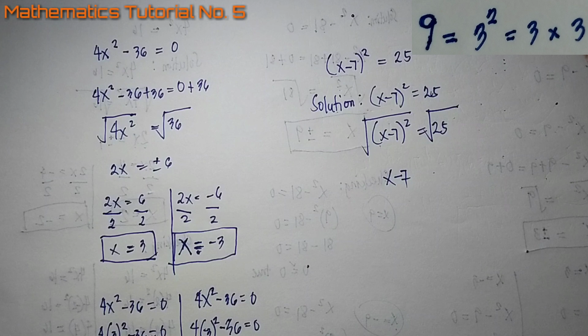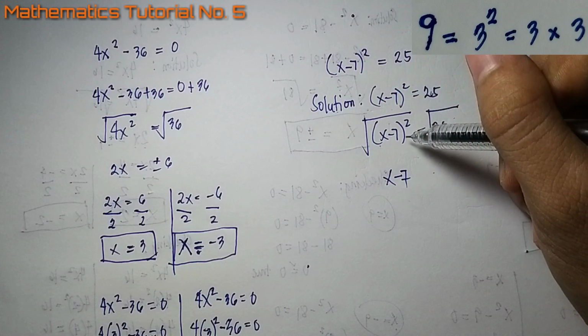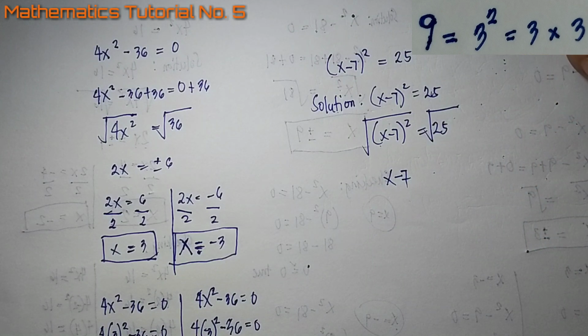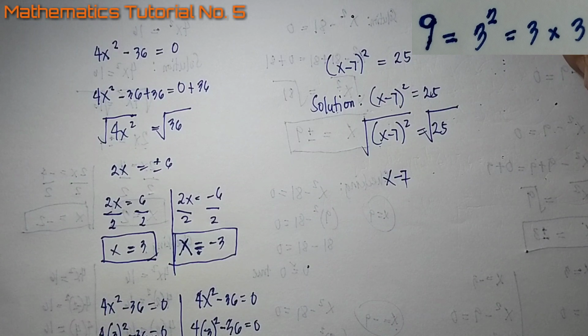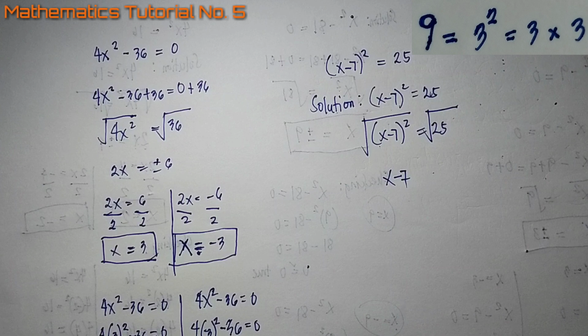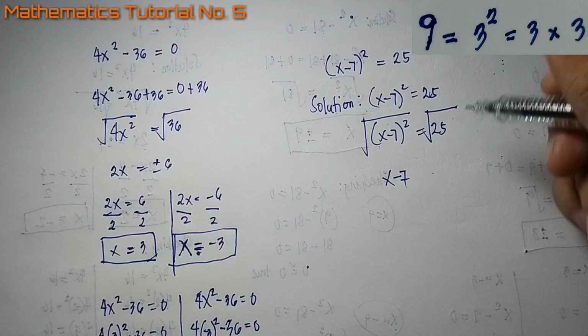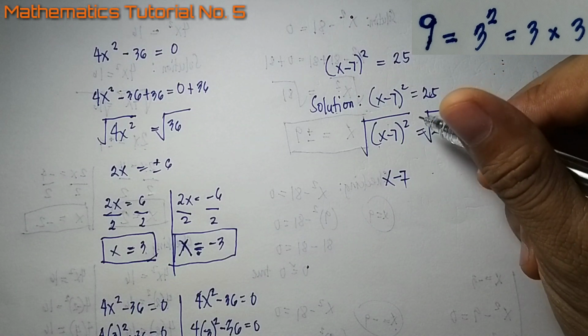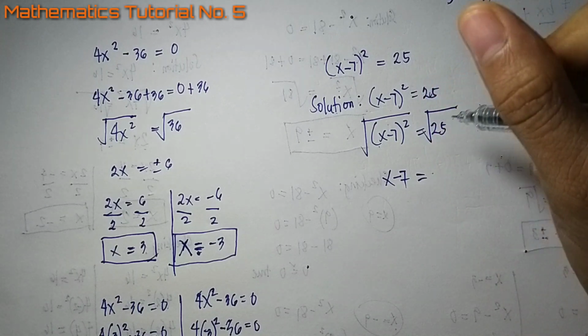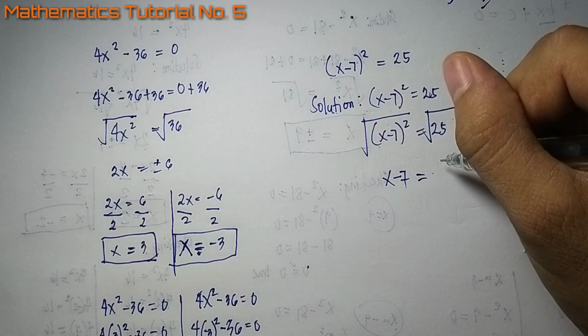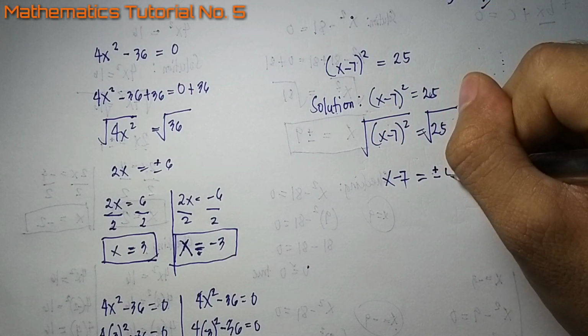So kibali ang atong gi-multiply nga number is x minus 7. Diri atong gi-multiply nga number is 3. Mao nang nakaingon ta nga square root sa 9 kay 3. Karon pod ang square root sa x minus 7 squared is x minus 7 ra pod. Unya kini square root of 25, that is positive or negative 5.